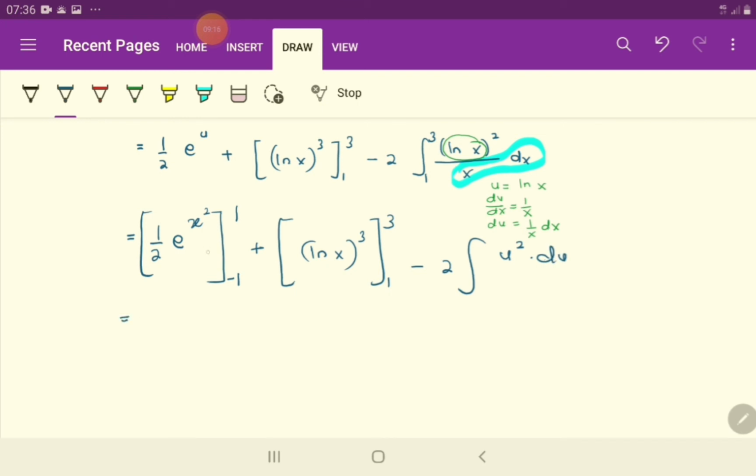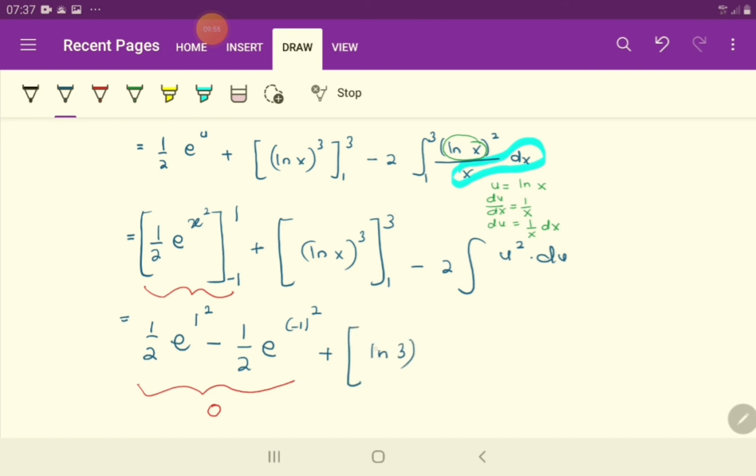For this part, if I substitute the limit, it will be 1 over 2 e^(1 squared) minus 1 over 2 e^((-1) squared), and we can see that this is equal to 0. Next, I have ln x to the power 3 for the limit 1 to 3. Substituting the limit, I will have ln 3 cubed minus ln 1 cubed.